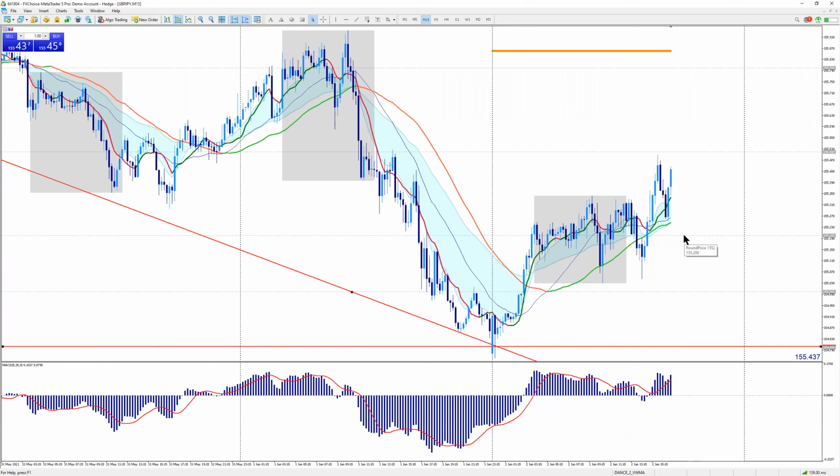Minus me having the Asian session box, I recognized that we were definitely moving into a range, and then it broke out.